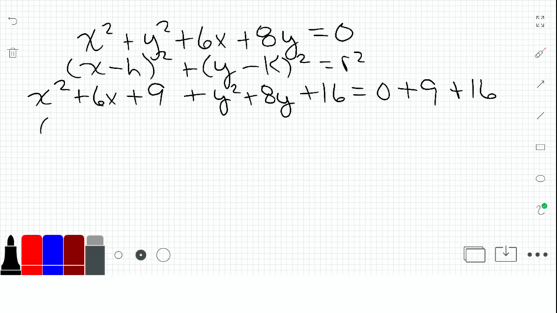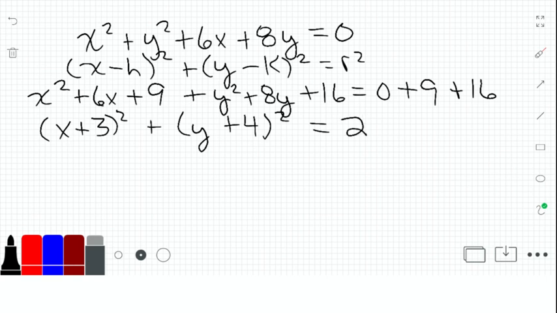So now we can factor x squared plus 6x plus 9 as what we call a perfect square trinomial, which you could see from the previous example that I showed you going from a rectangle to a square. We made it into a perfect square. Plus the quantity y plus 4, squared, equals 0 plus 9 plus 16, which is 25.